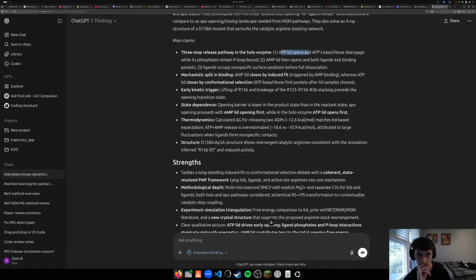Three-step release pathway in the holo enzyme. ATP lid opens, all phosphates remain P-loop bound. AMP lid then opens and both ligands exit binding pockets, with nonspecific surface positions before full dissociation. Mechanistic split in binding: AMP lid closes by induced fit, whereas ATP lid closes by conformational selection.